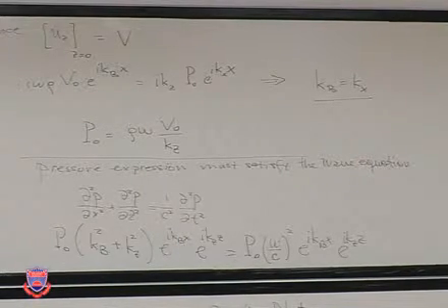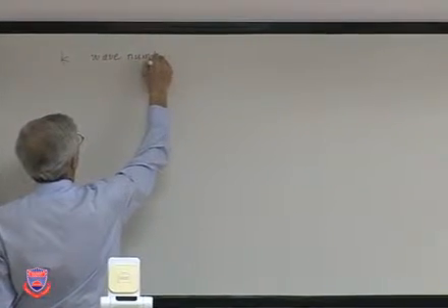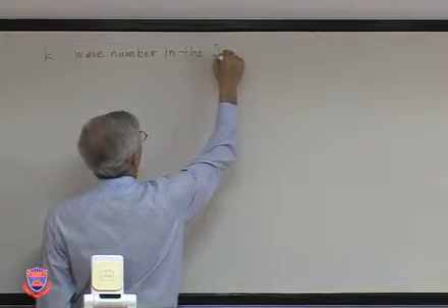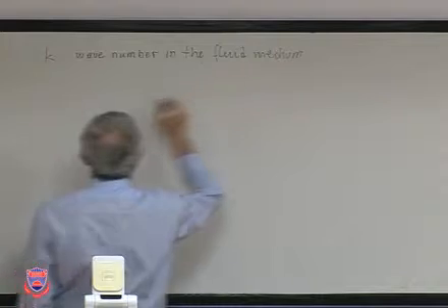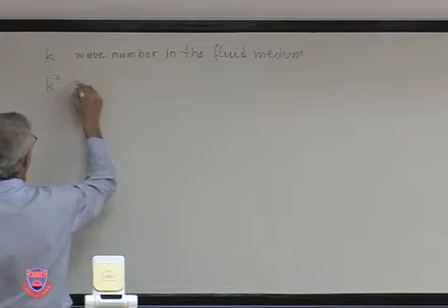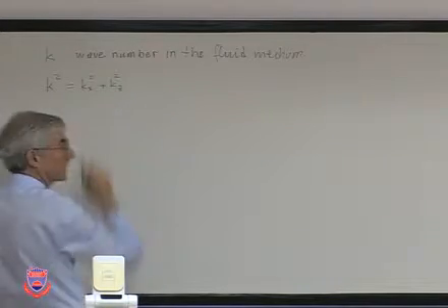Now, of course, K is the wave number in the fluid medium. And when you consider its components, it's kx squared plus kz squared.